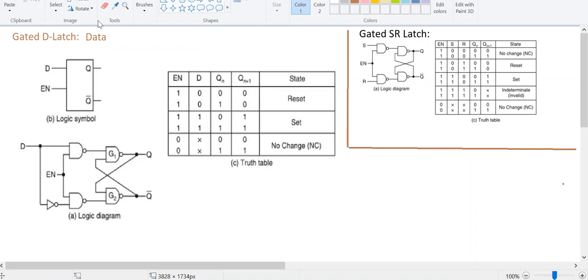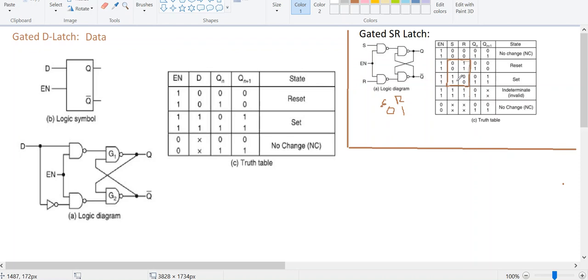By observing the truth table of this gated SR latch, we can see these two conditions. Just check it out, I am pointing out here. In the first case, S is equal to 0 and R is equal to 1.